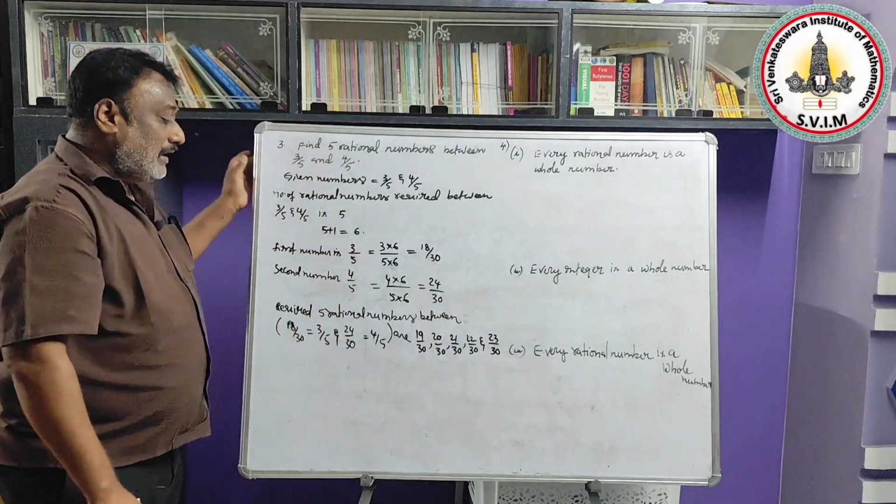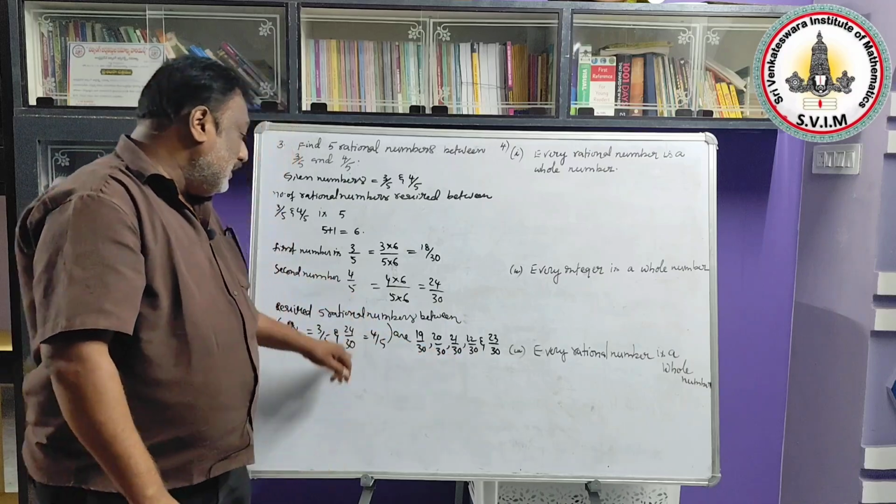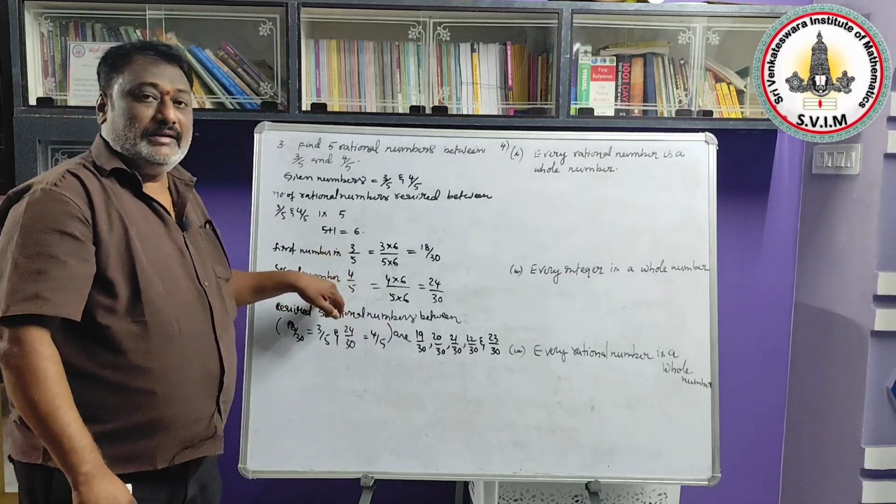So these are 5 required rational numbers between 3 by 5 and 4 by 5.